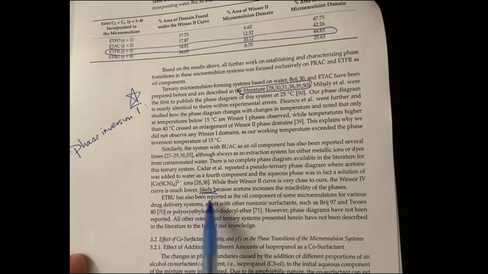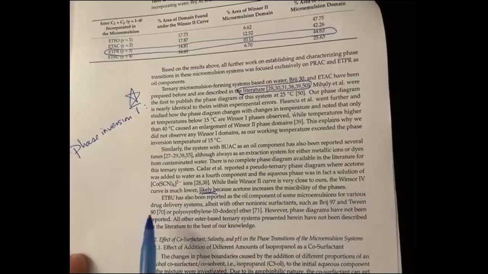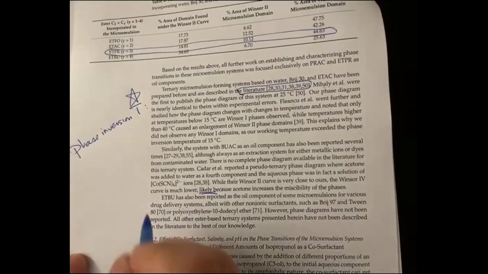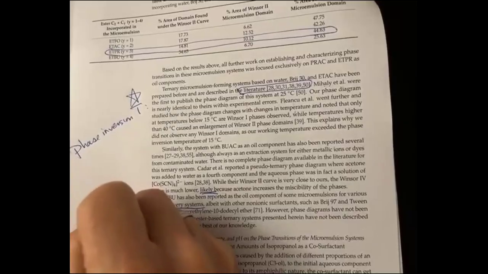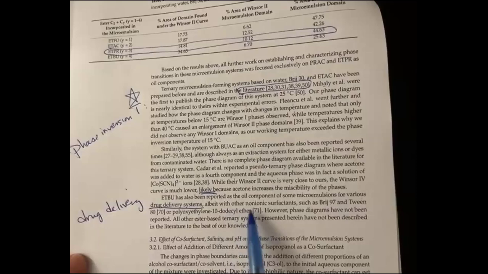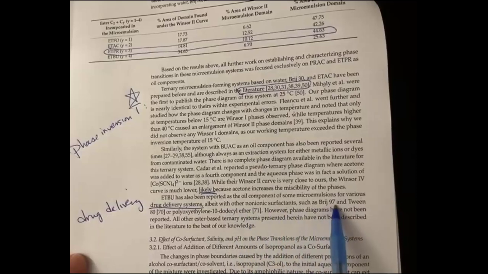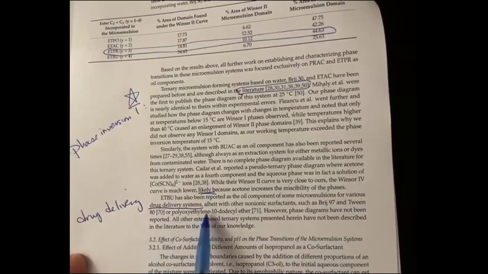Ethyl butyrate has also been reported as the oil component of some microemulsions for various drug delivery systems. Interesting. Drug delivery. Albeit with other non-ionic surfactants such as Brij 97 and Tween 80, or polyethylene 10-dodecyl ether.